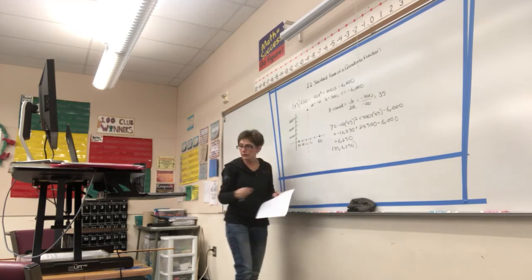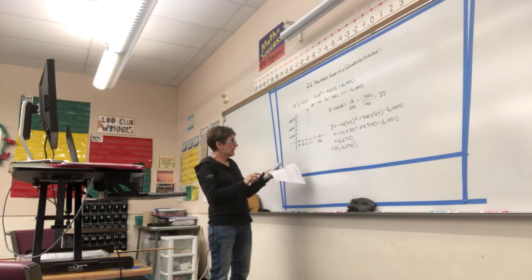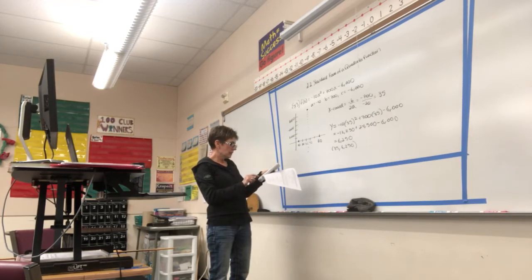Let's see if that works. If I plug 10 in for x, I'm going to have 7,000 minus 6,000, and 10 squared is 100, minus 1,000.